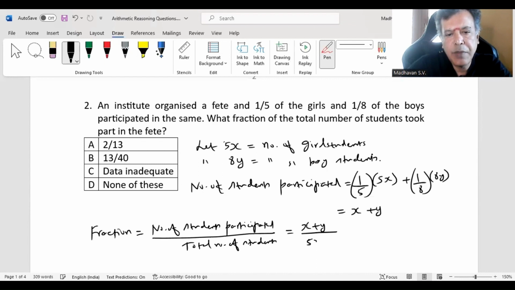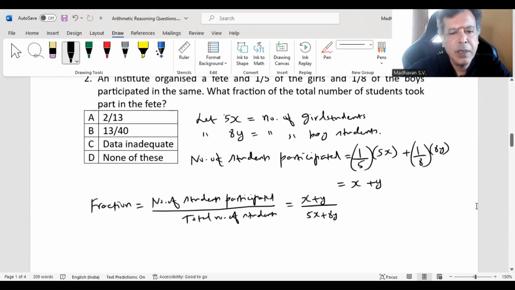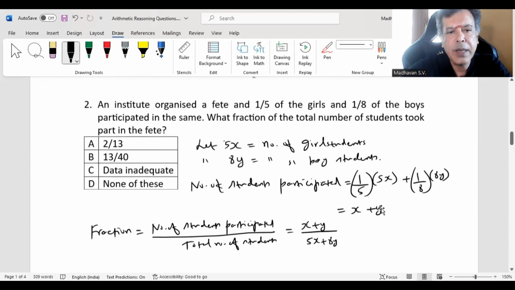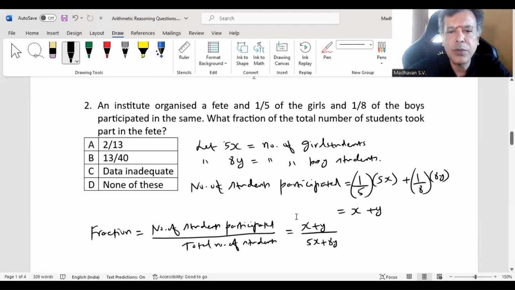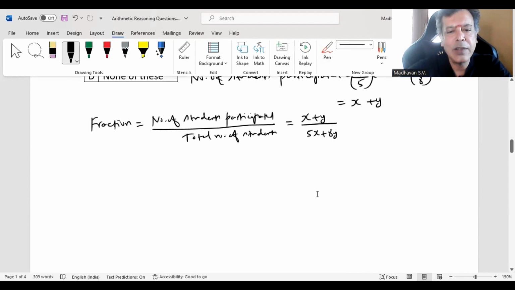The total number of students will be 5x plus 8y, which means we will not be able to find the fraction based on the options given because the data is inadequate. Either they should have given the total number of students or some other information is required to calculate this ratio perfectly. So we can conclude that the data is inadequate. That will be the correct option for this question. Let us go to the next.